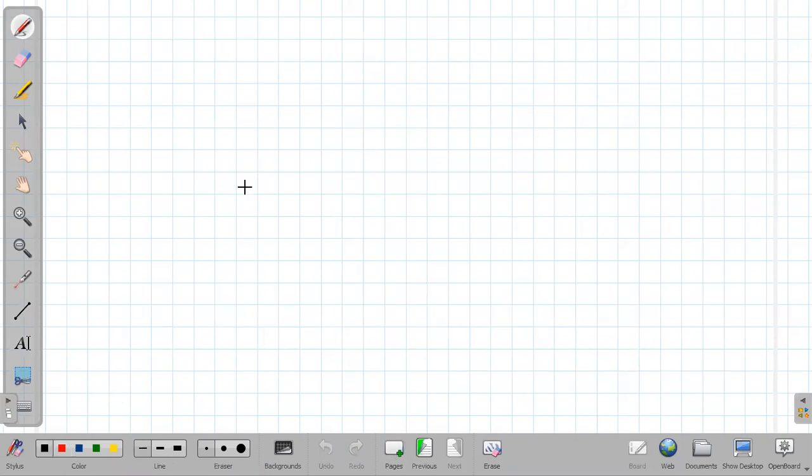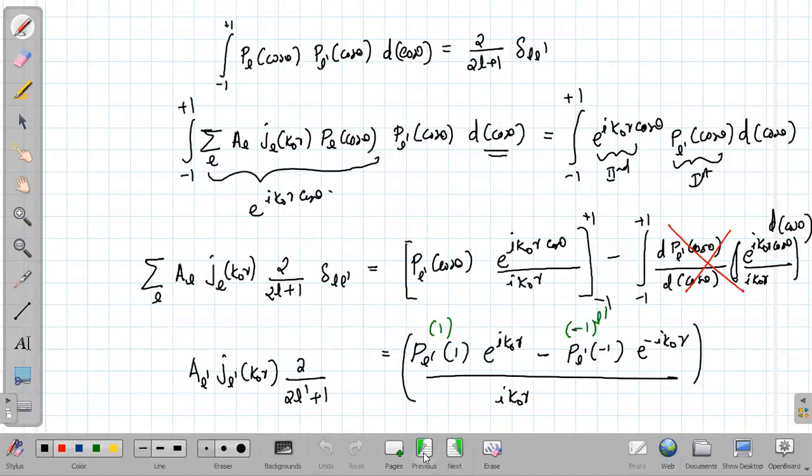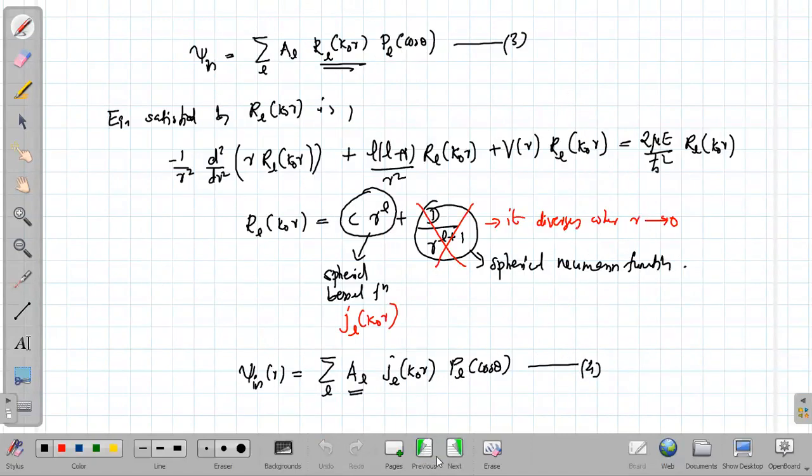So now we have got the expression for A_L, the expansion coefficient, which is e raised to i L pi by 2 times (2L plus 1). Now this can be equation number 5. We can substitute equation number 5 in equation number 4.